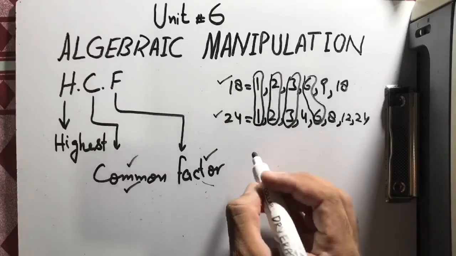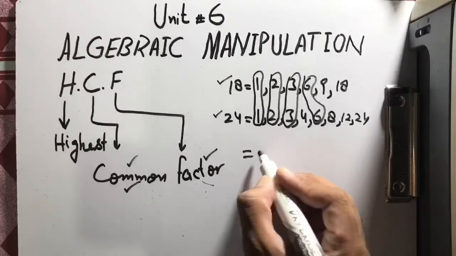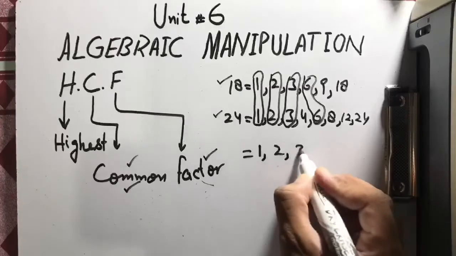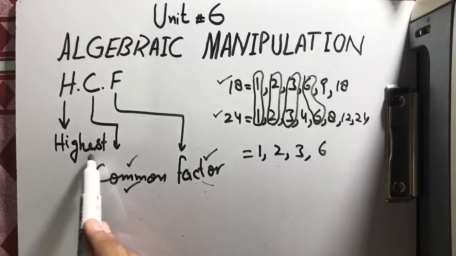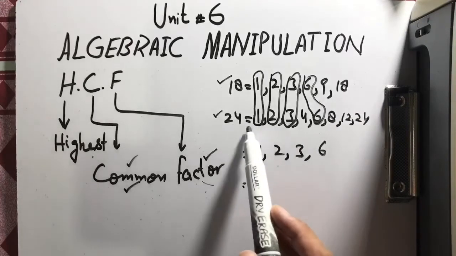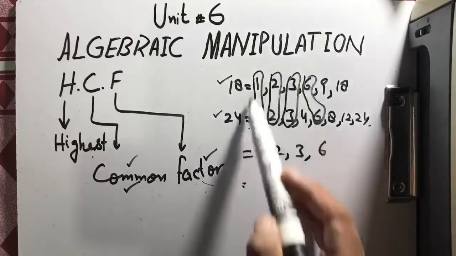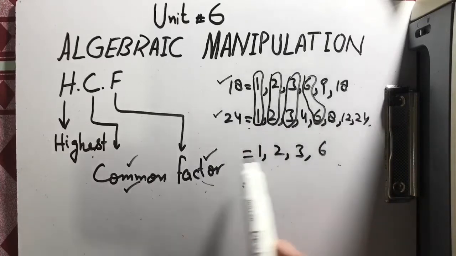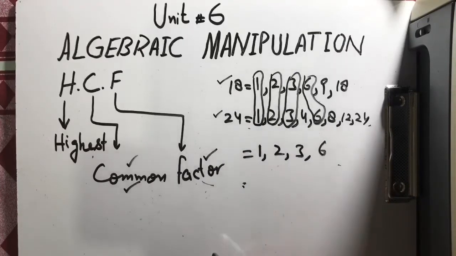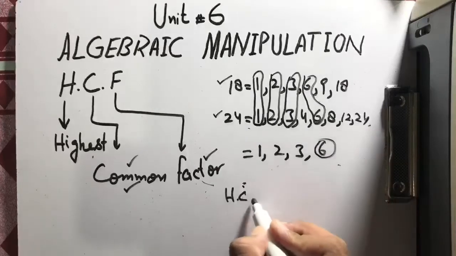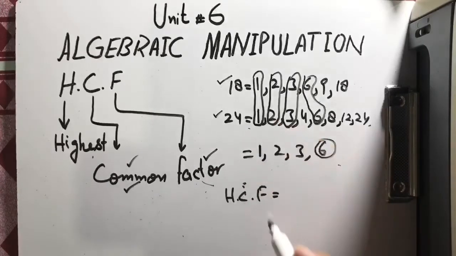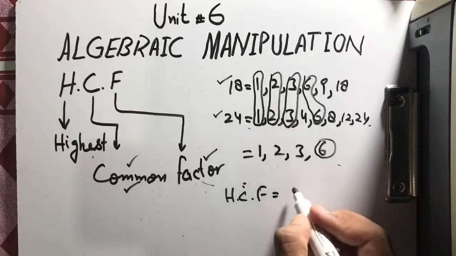The common factors between 18 and 24 are 1, 2, 3 and 6. But here we have to take the highest common factor. First of all, we take factors, then we take common factors. Now we take the highest between these common factors, that is 6. So HCF of 18 and 24 is 6.